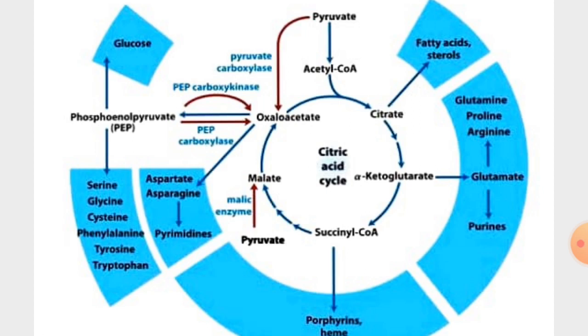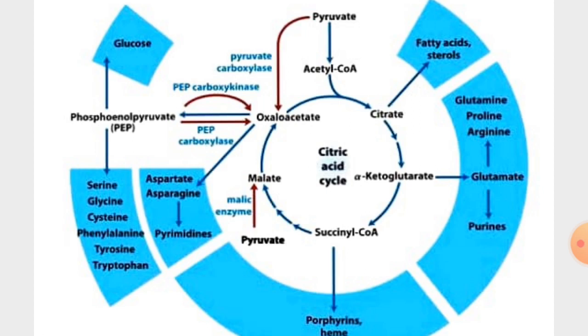If oxaloacetate is very low, then pyruvate is converted by pyruvate carboxylase, because some pyruvate should be converted into oxaloacetate.